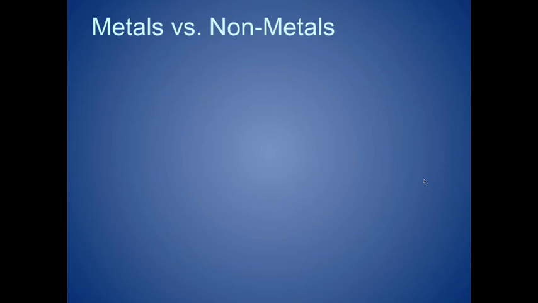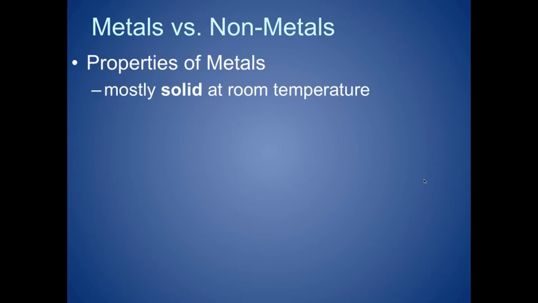So looking at metals versus nonmetals, we're going to look first at some properties of metals, and this is really how you would distinguish one from the other. Metals are mostly solid at room temperature, so basic room temperature, 25 degrees Celsius, you're going to have a solid substance. There's one exception to that: mercury is a metal, but it is liquid at room temperature.